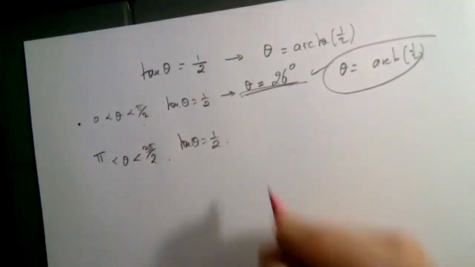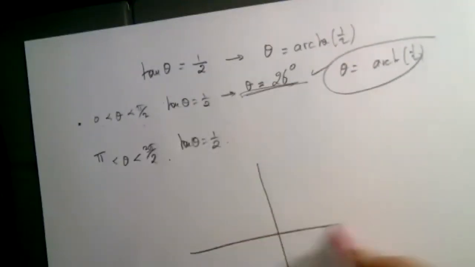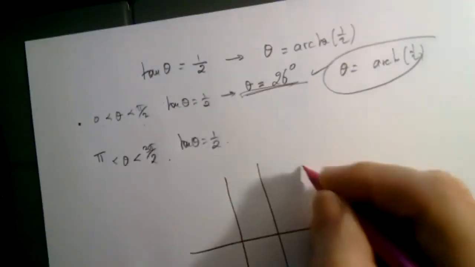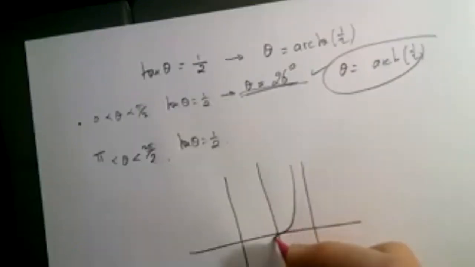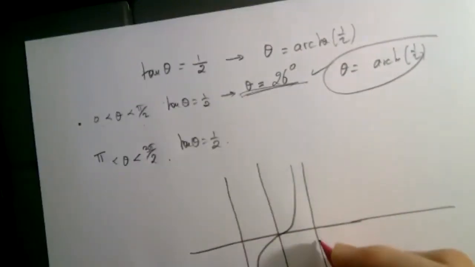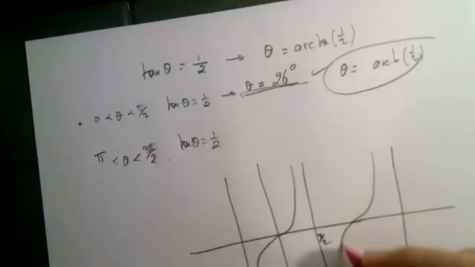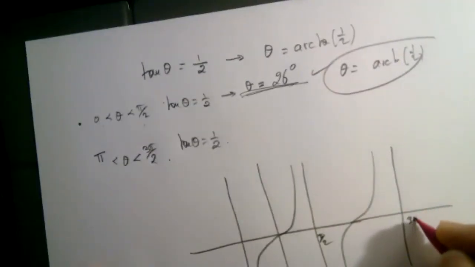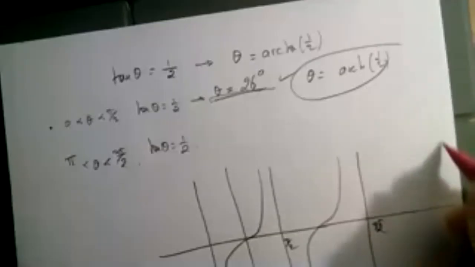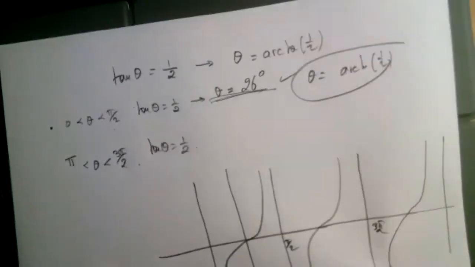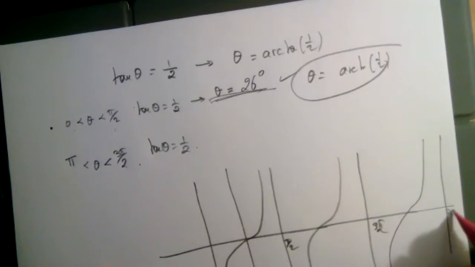So remember the graph of tangent? The graph is periodic of period pi. It means the graph repeats itself: pi over 2, 3 pi over 2, 5 pi over 2.